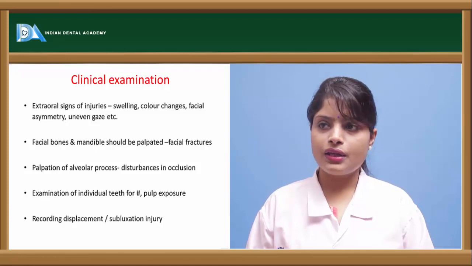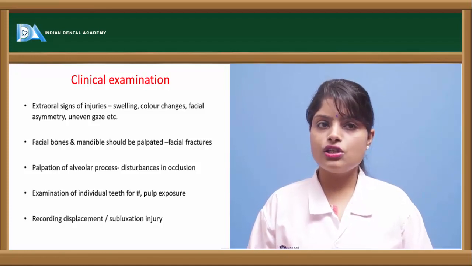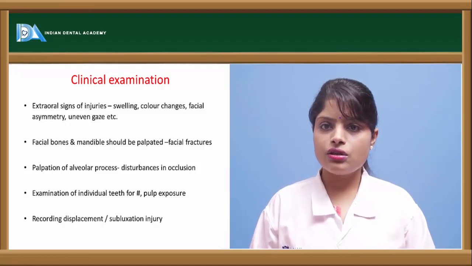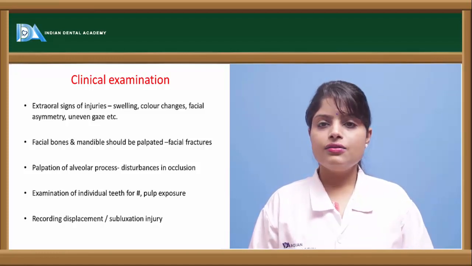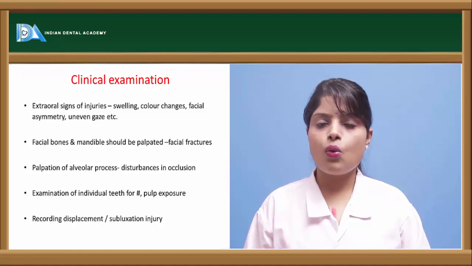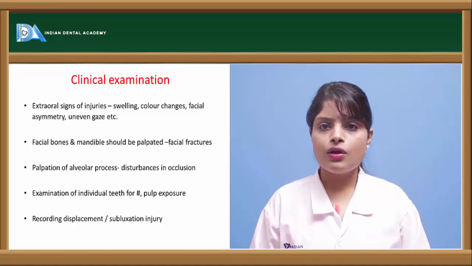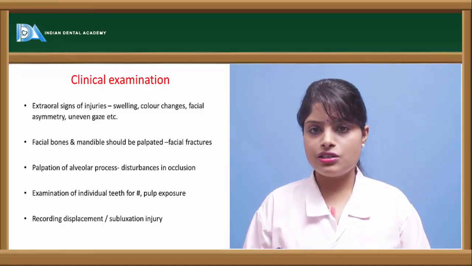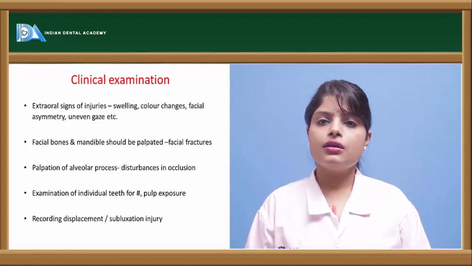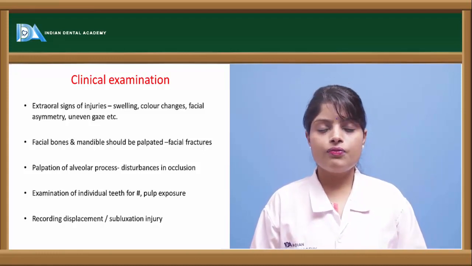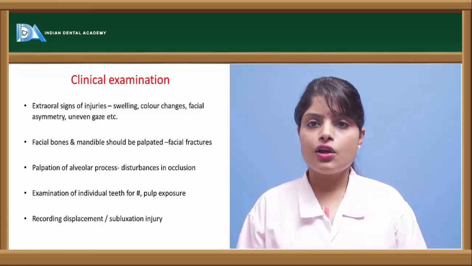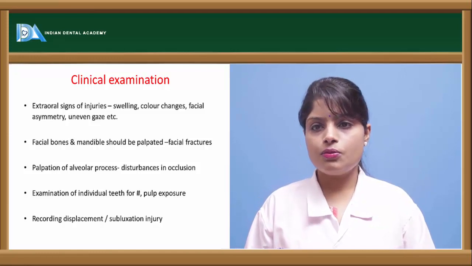The extraoral signs of injury should be noted, like swelling, any color change in the mucosa, any variation in the degree of heat of the mucosa, whether the surface is warm or if the patient has an elevated temperature, any fever or malaise, or any asymmetry in the facial profile, which, if there is a fracture of the maxilla or the mandible or the jaws, will lead to an asymmetrical facial profile.